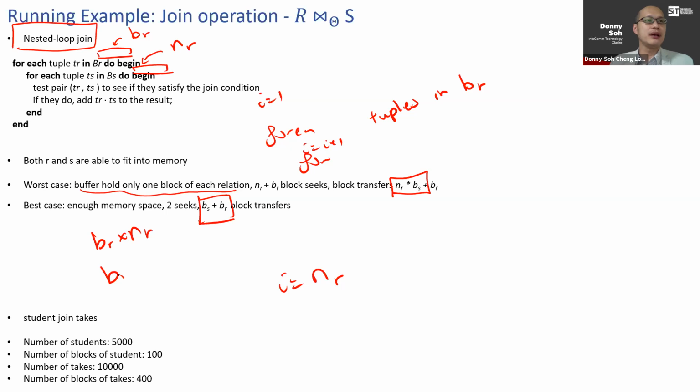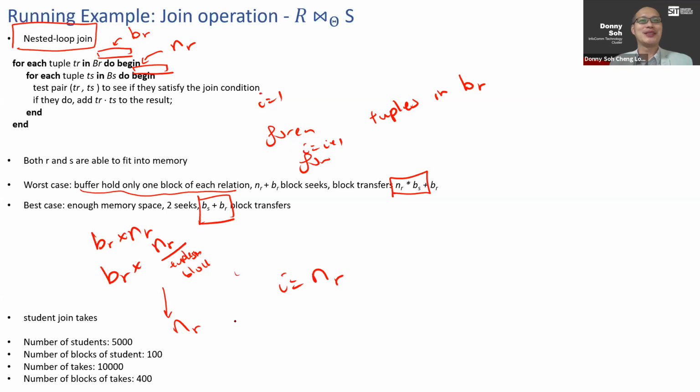It should be BR times NR divided by the number of tuples in a block, if you want to put it in that form, which will come back with NR again.